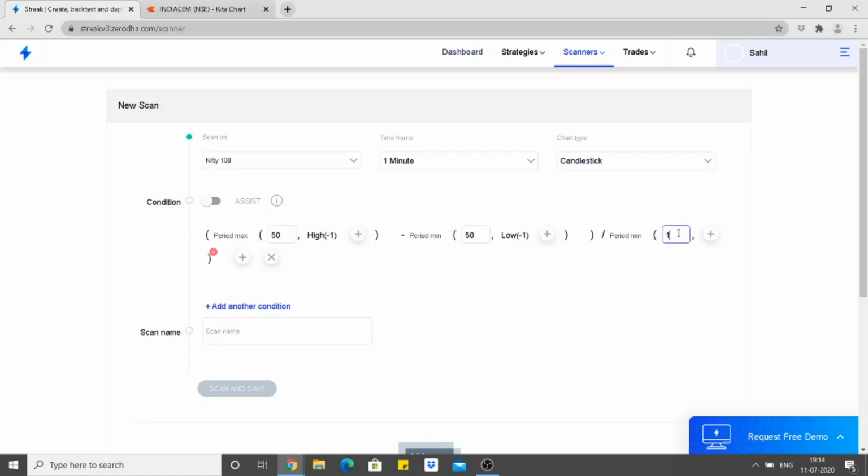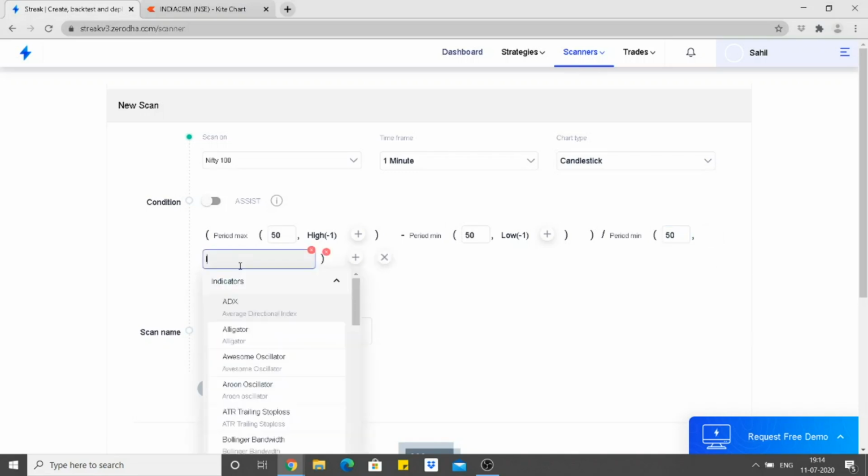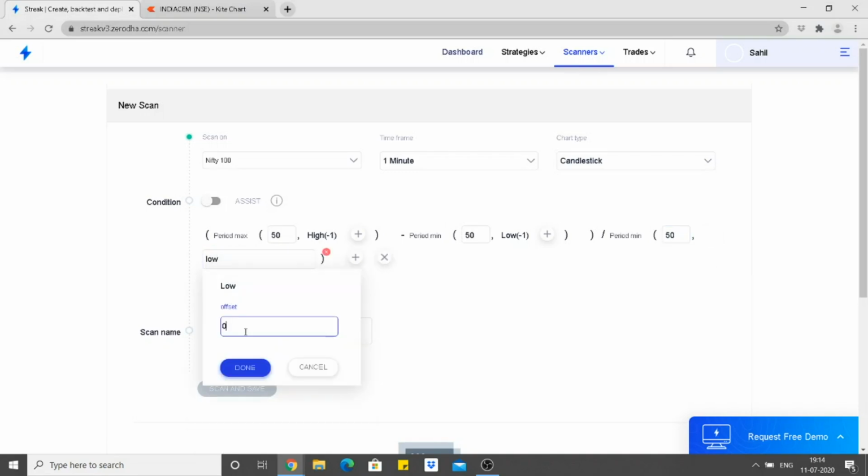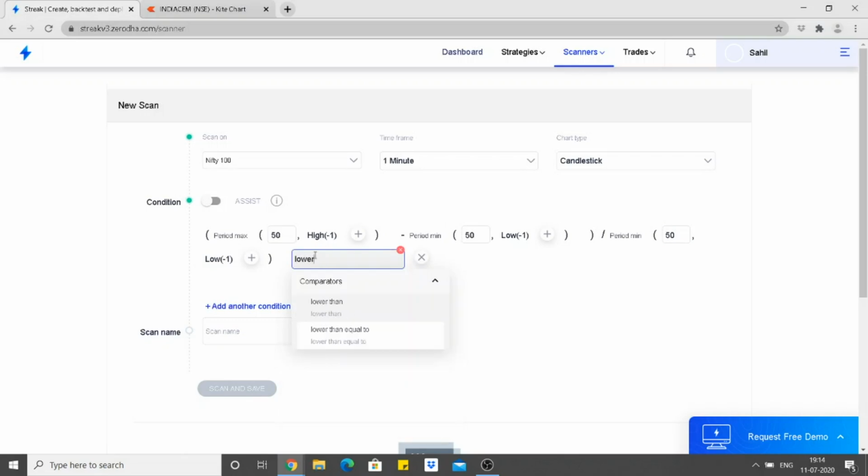We are going to be dividing this entire result that we get by period min low. I'll be explaining y'all what this statement exactly means and how it helps us in identifying the stocks.